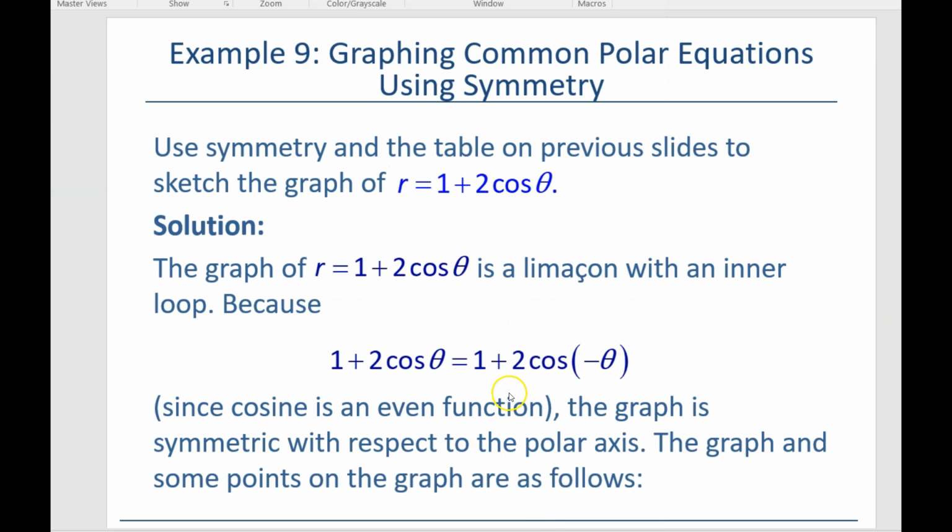And then the very last thing I want to talk about in this section is symmetry with the graphs of polar equations. Symmetry about the polar axis deals with whether you can replace theta with negative theta and the equation doesn't change.